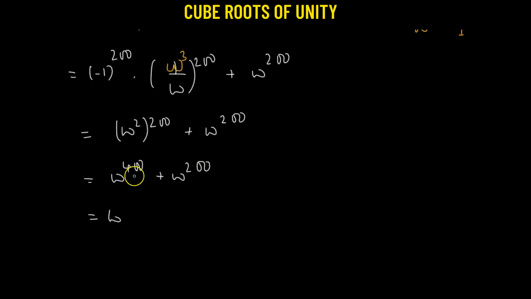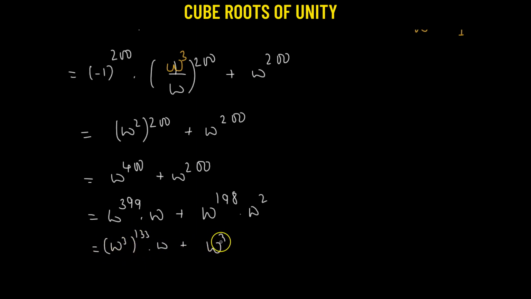Now, we can rewrite omega raised to the power of 400 as omega raised to the power of 399 times omega, plus omega raised to the power of 198 times omega squared. So this is omega cubed raised to the power of 133 times omega, plus omega cubed whole raised to the power of 66 times omega squared.